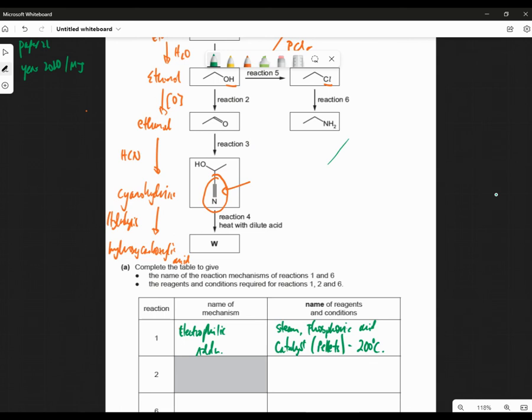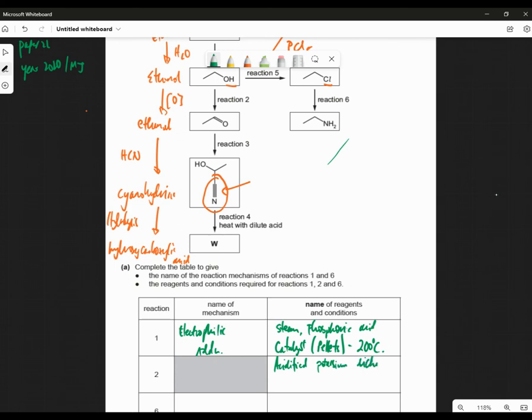Reaction number 2. They don't want the name of the mechanism here because it's not on our syllabus. But what would you use to oxidize a primary alcohol? I would use acidified potassium dichromate. You can use the purple stuff, but we want the weaker one here because we don't want to oxidize all the way to a carboxylic acid.